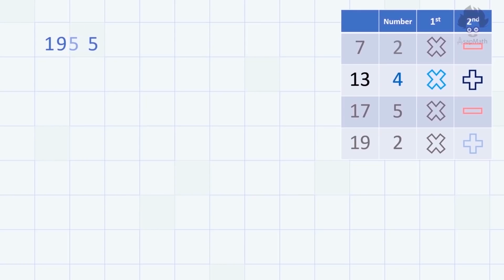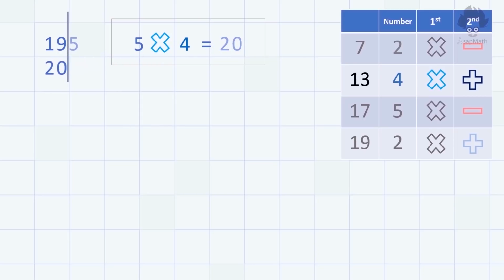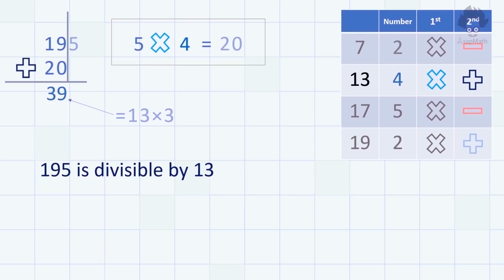Last digit is 5. It is multiplied by 4. Answer is 20. It is added to the remaining number. Then the answer is 39. It is divisible by 13. So, the whole number is divisible by 13.